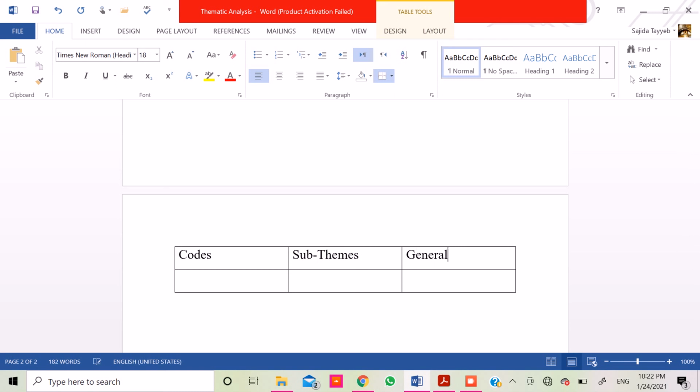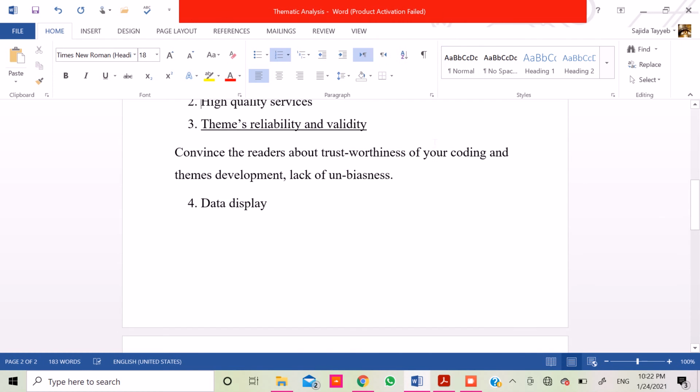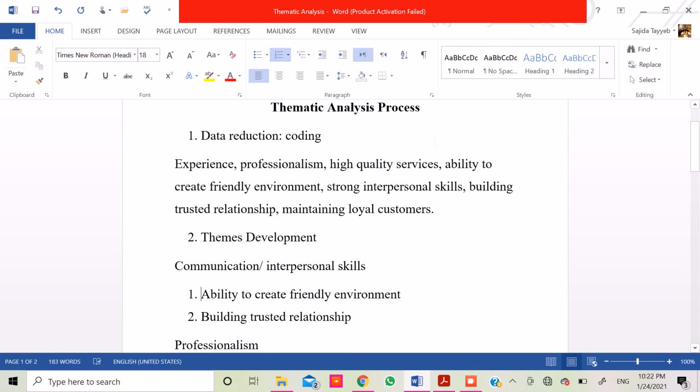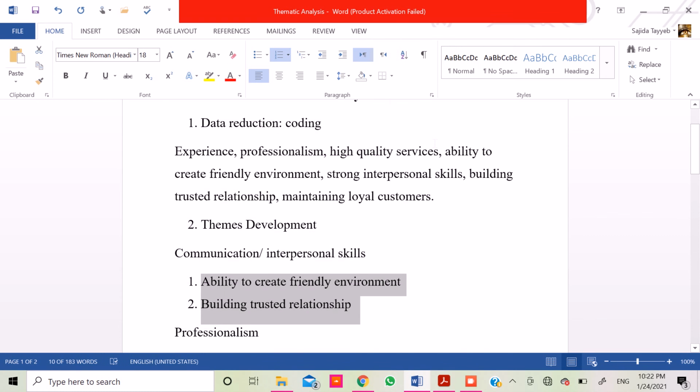So what were the codes? The codes are, you can refer to your own research, your own data analysis. Here the codes are, particularly for every theme, you have to separately mention.